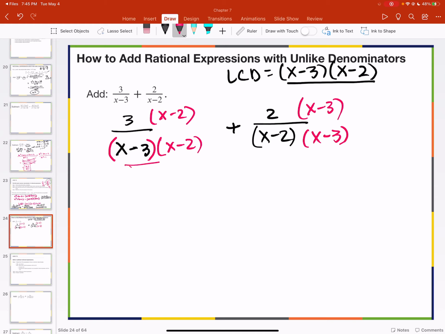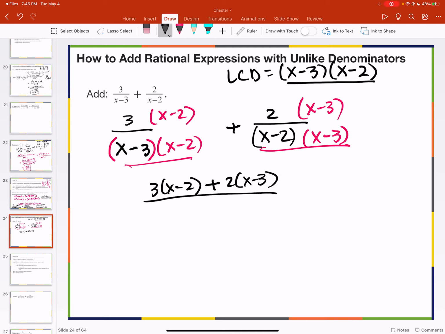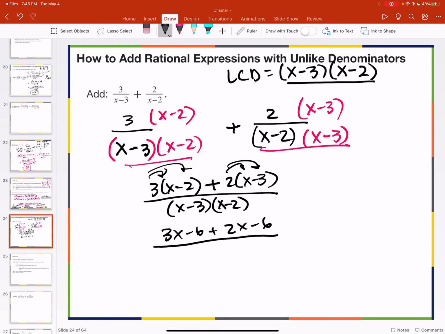Now I have the same denominator, so I can just combine across the top. So 3 times (x minus 2) plus 2 times (x minus 3) all over the LCD (x minus 3)(x minus 2). Doesn't matter what order it is. Let's distribute and then combine like terms. We get 3x minus 6 plus 2x minus 6 all over the LCD.